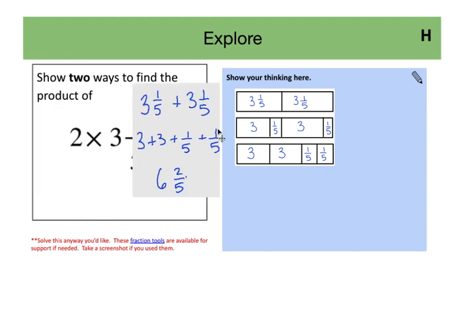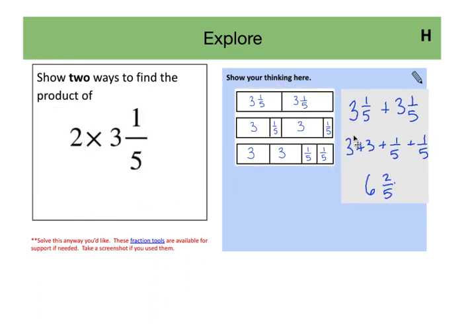How else did you solve this? I see you used repeated addition as one of your ways: 3 and 1/5 plus 3 and 1/5. And similar to your model here, you combined the whole numbers and then the fractions to get 6 and 2/5. Let's look at one more way, thinking back to that burger and fry problem.